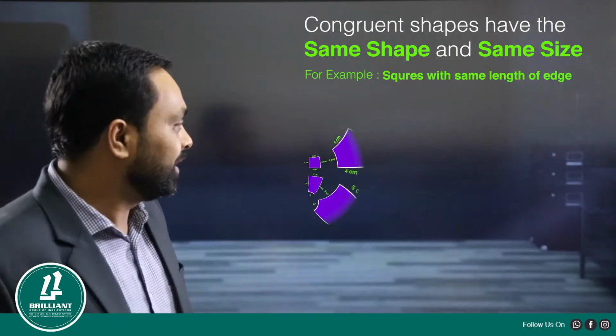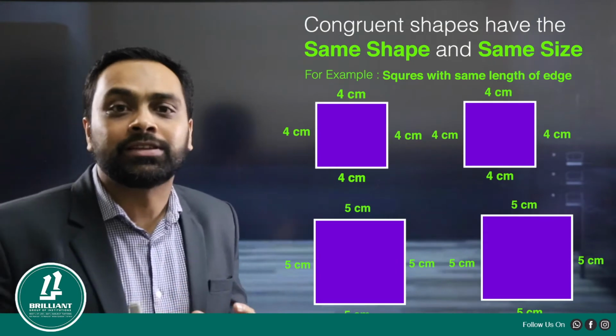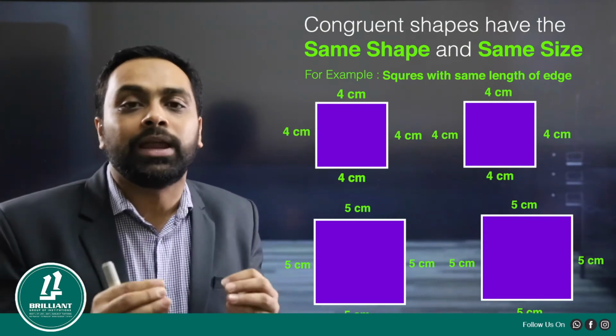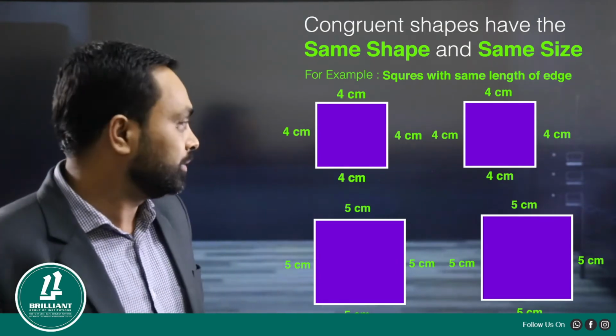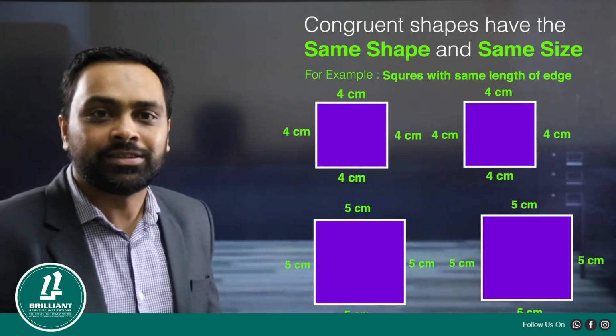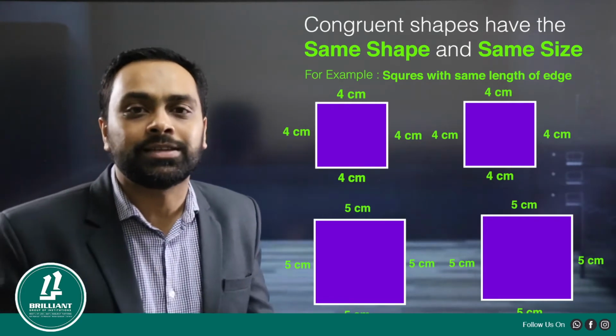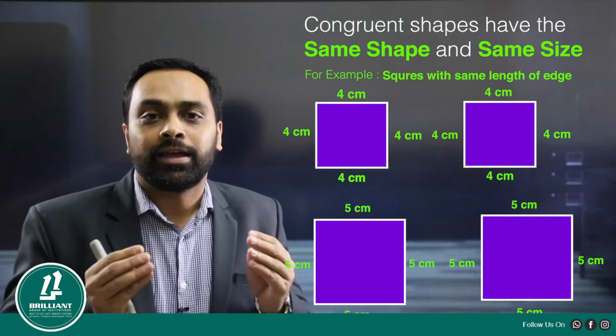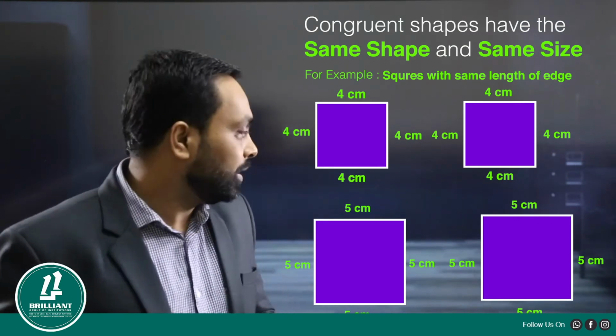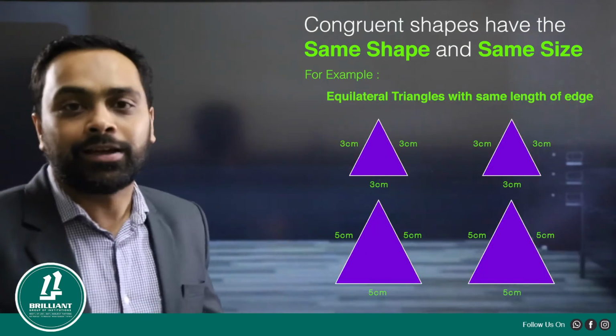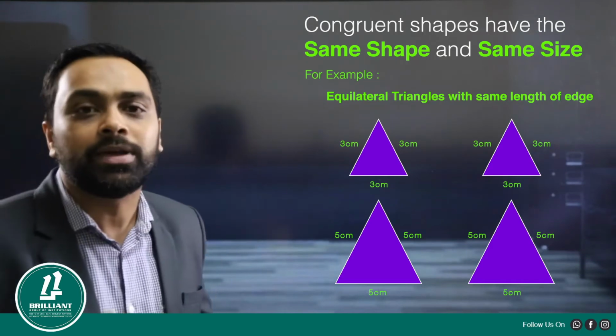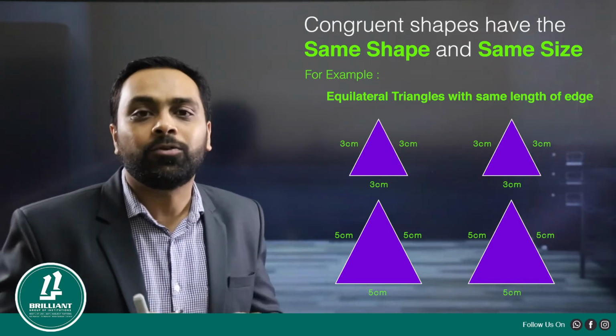Again you can see squares with the same edges, equal edges, are congruent. See, different squares, but all the edges are equal in length. So it is a congruent figure. Let's see again, equilateral triangles with the same edges, equal edges.